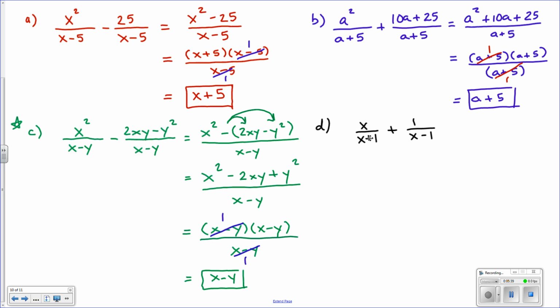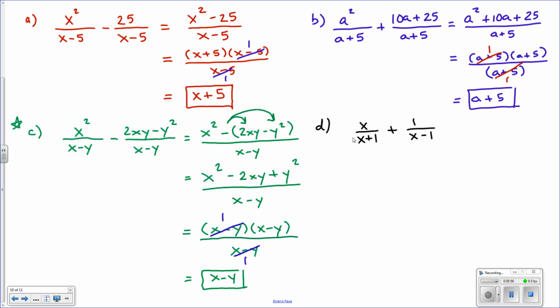We have x over x plus 1 plus 1 over x minus 1. Now we finally have two fractions that do not have common denominators. So remember that we're going to have to multiply this denominator by the factor that it's missing, and the same thing on this side.